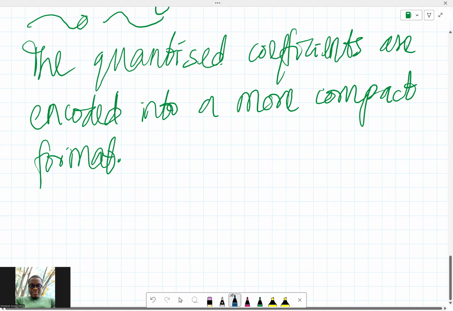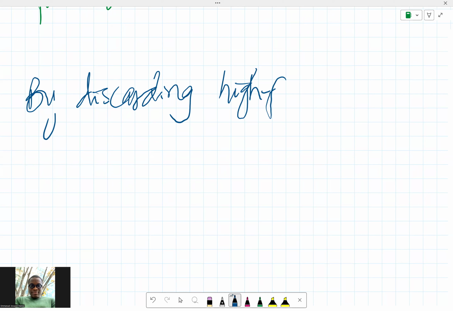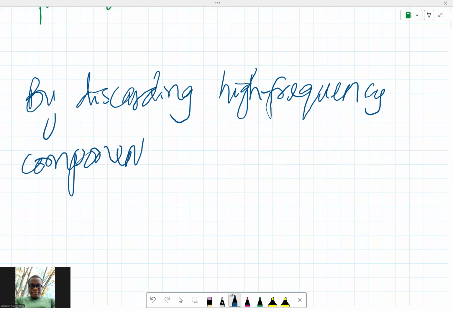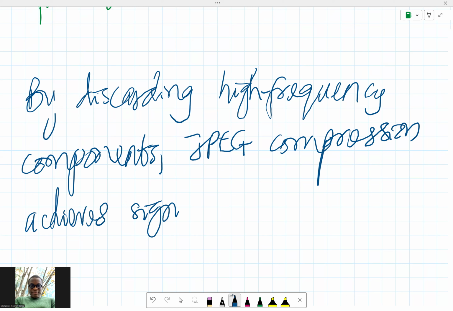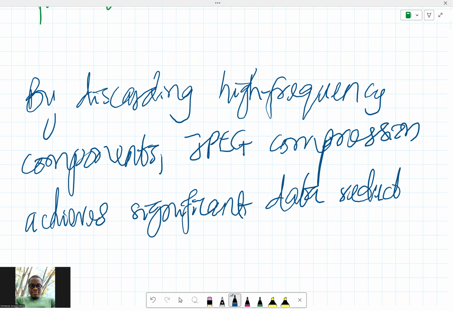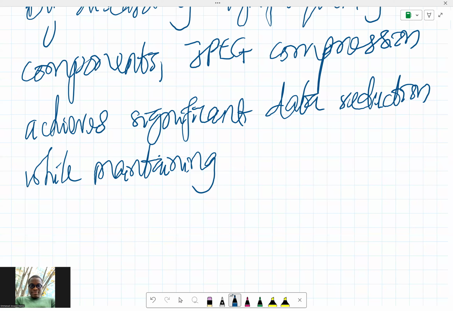Finally, by discarding high frequency components, JPEG compression achieves significant data reduction while maintaining visual quality.